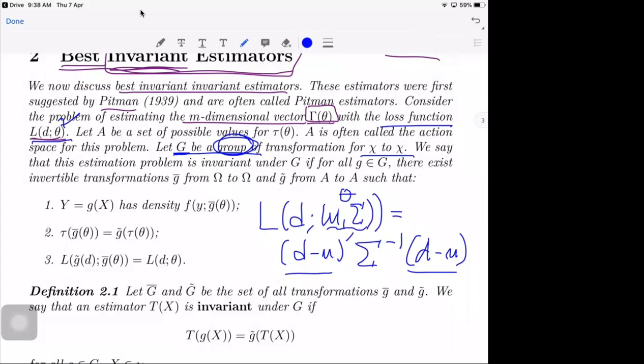There are two conditions such that it will be considered a group.